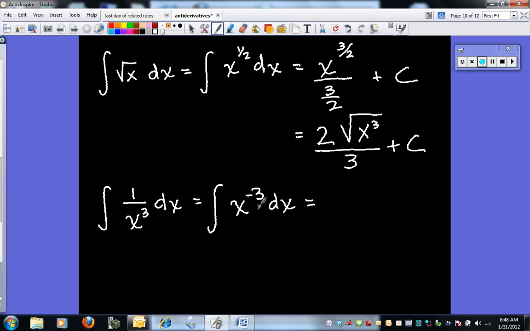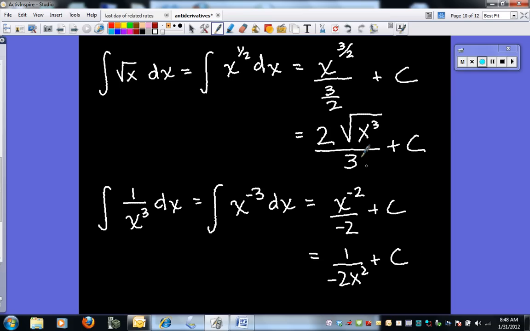So now we're going to apply that power rule of integrals, or antiderivatives, by adding 1 to the exponent, dividing by the new exponent, and when we simplify, we get 1 over negative 2x squared plus c when we rewrite it.